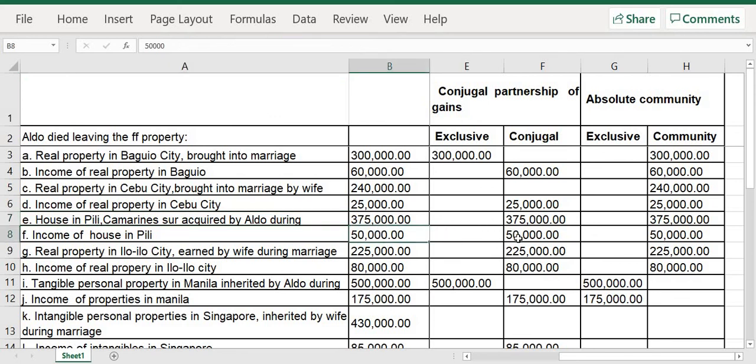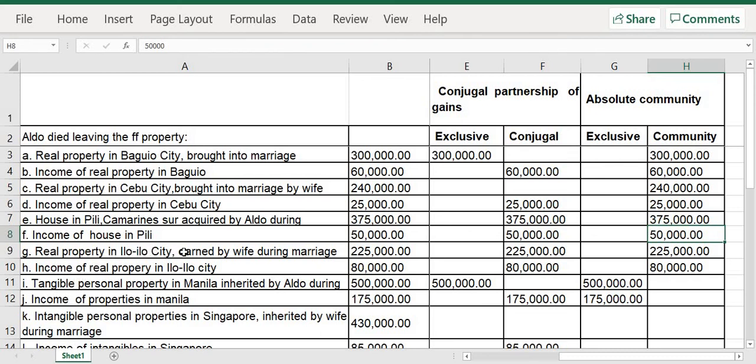Again, during marriage, lahat ng fruit ng exclusive properties at ng conjugal properties, magiging conjugal property yung fruit. Okay, 50,000, conjugal property. Under community property, again, the fruit follows principal. Kaya, the 50,000 fruit will also be under community property.